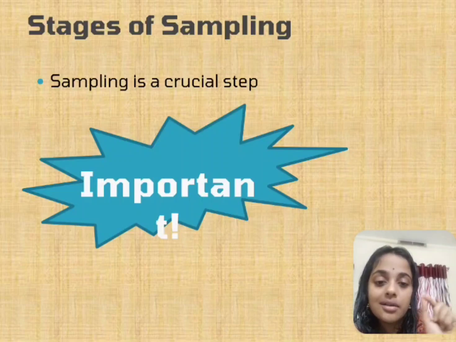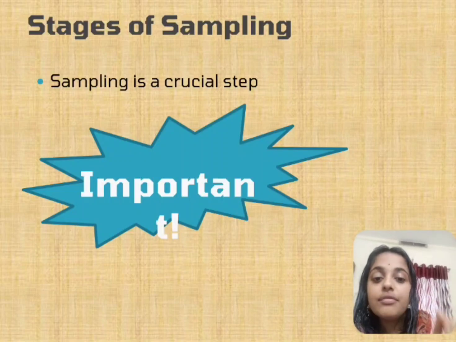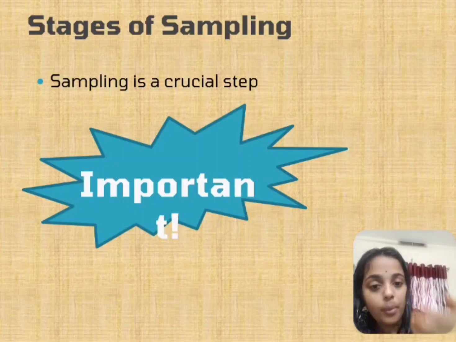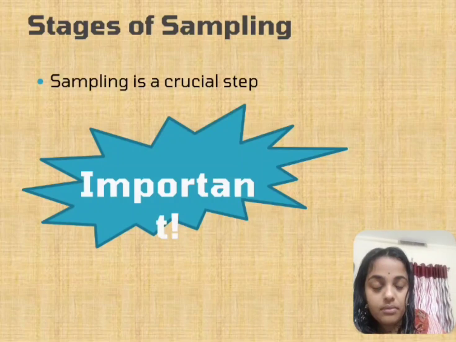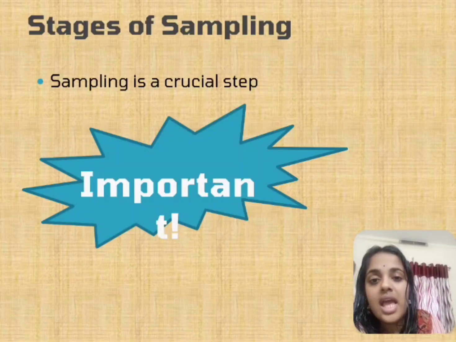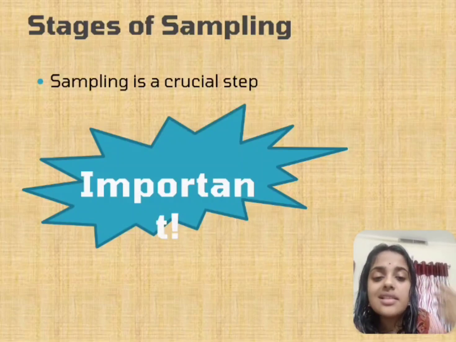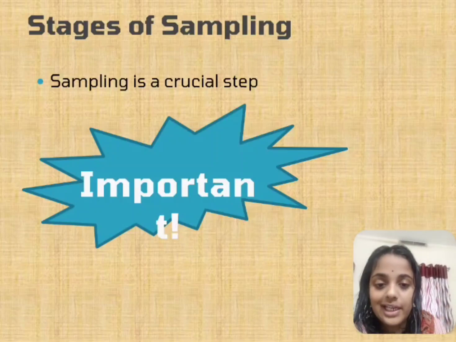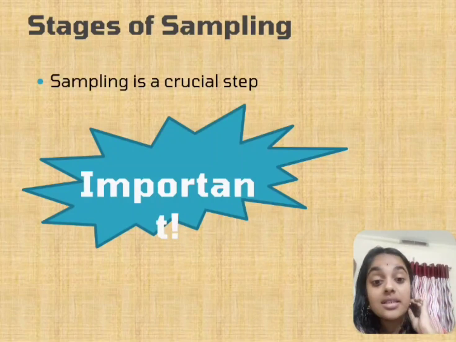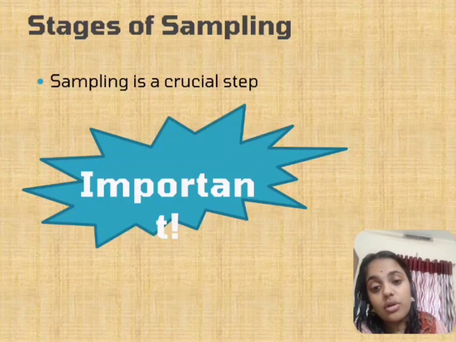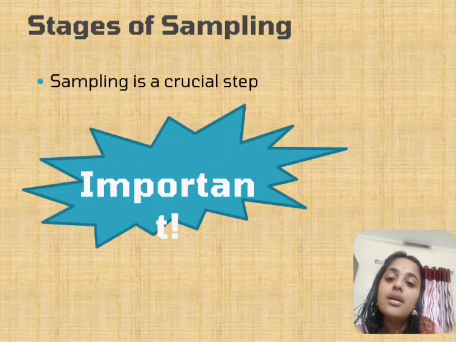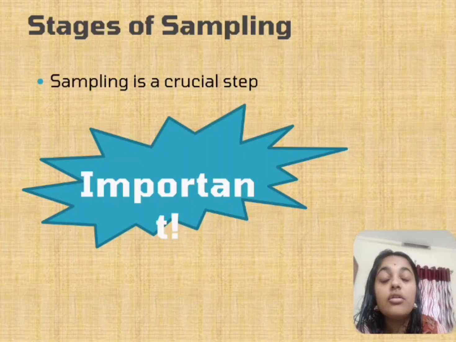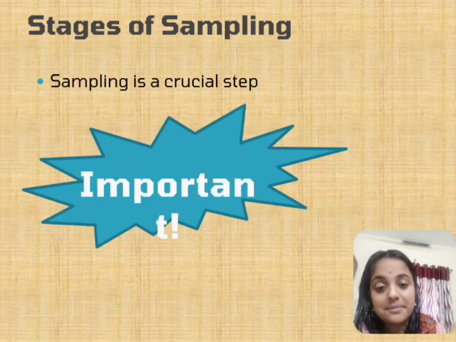We give a sample of blood, and from that sample they conduct the blood test, and the result that we obtain, we apply it to the entire system. That is how sampling works, and sampling is an essential part and parcel of our daily life, and in research it plays a pivotal role. It is a very crucial step.